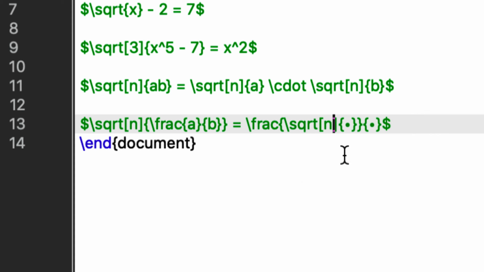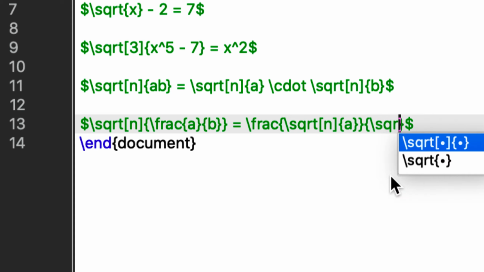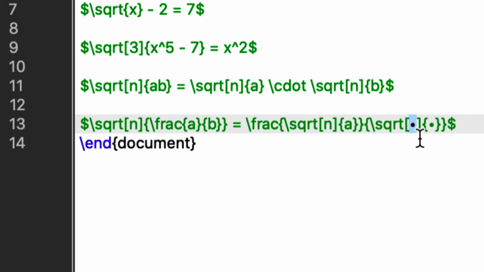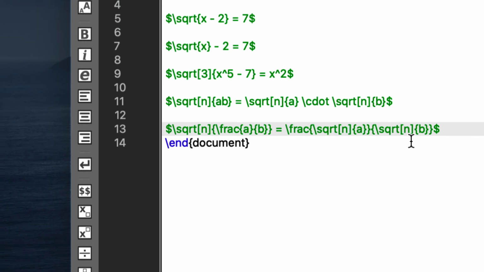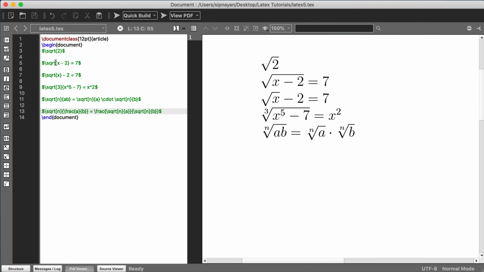Tapos, lalagyan tayo ng n, yung index niya, over a. So, this one is the numerator and ito naman yung denominator sa loob. Square root din tayo, meaning nth root of b. Okay. So, at least na-review nyo yung alam nyo sa fractions.